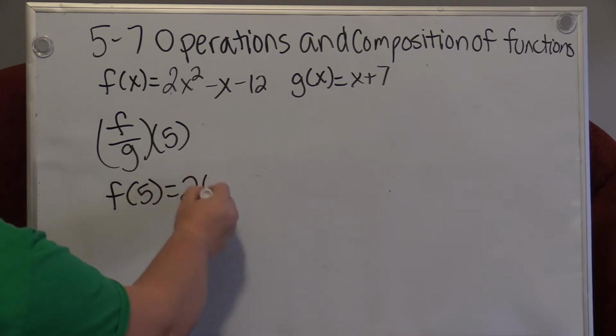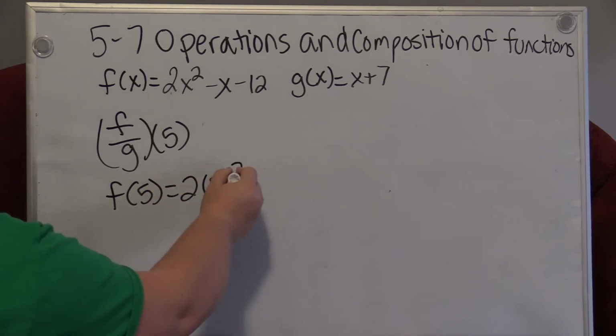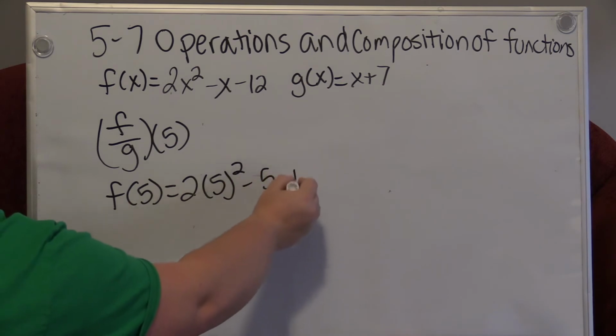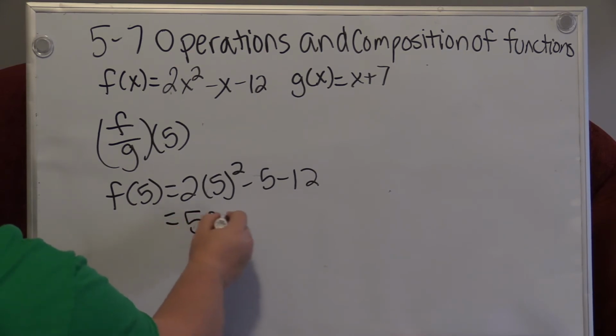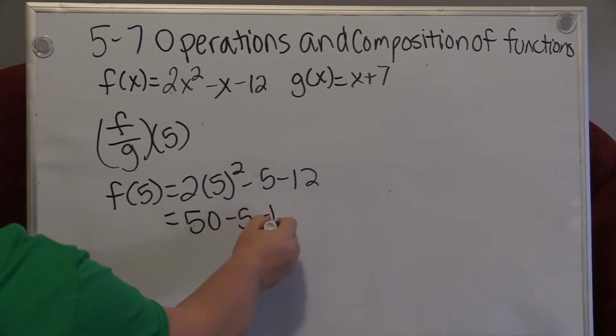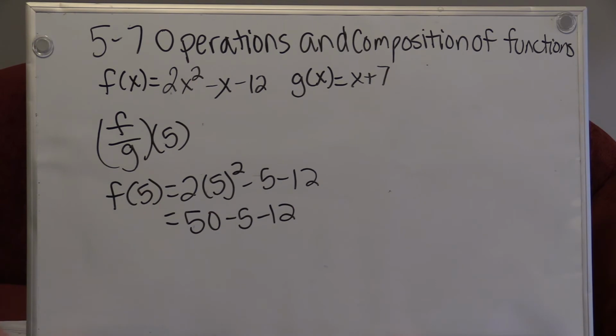I get 2 times 5 squared minus 5 minus 12. And I get 25 times 2 is 50. Minus 5 is 45. Minus 12 is 33.